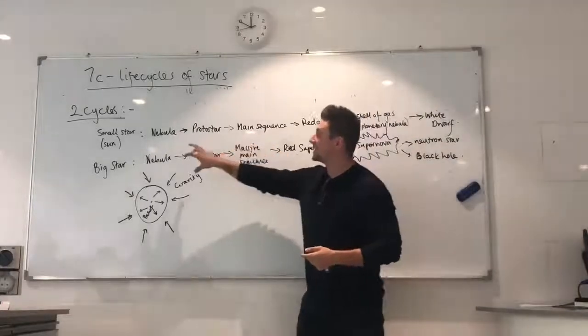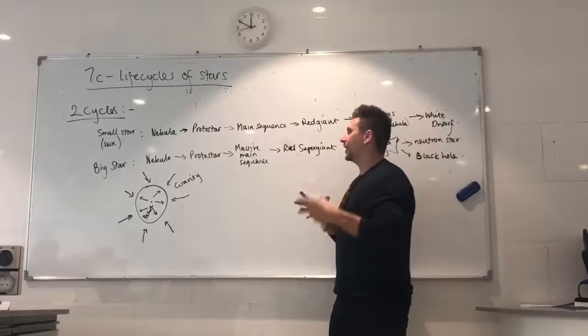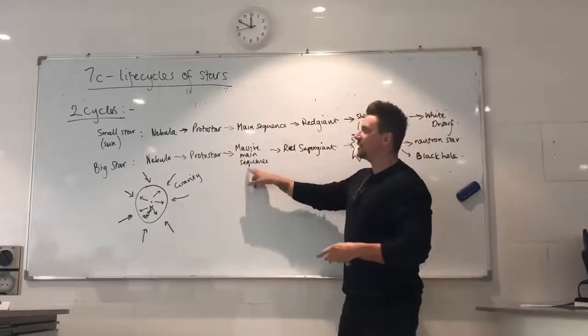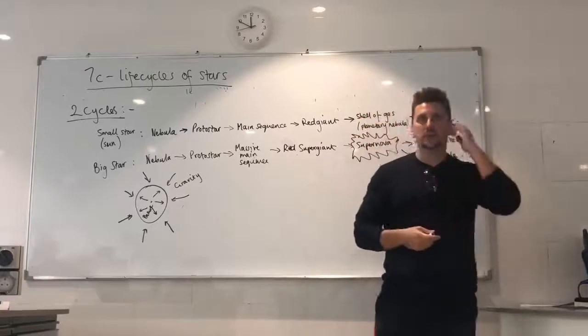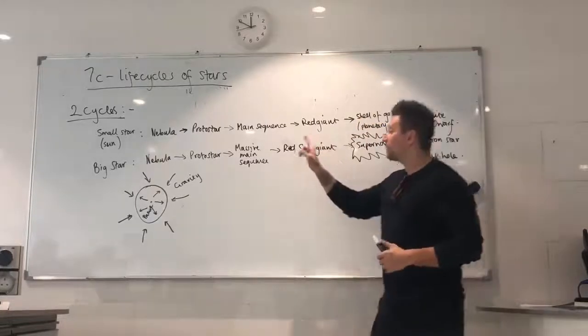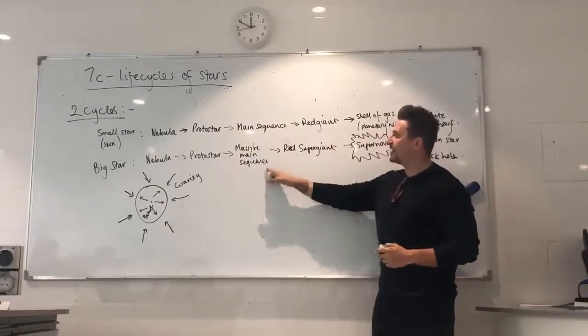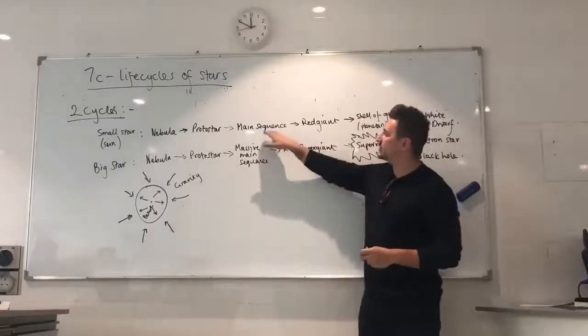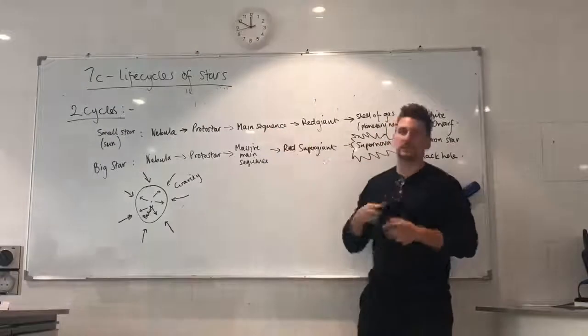Then because it's so massive when it was bringing all that gas and dust together, it becomes what we call a massive main sequence. Same again, the main sequence stage is when the fusion is happening, but for a much bigger star, that main sequence is going to be much shorter. So our sun is currently spending almost its entire life on the main sequence.